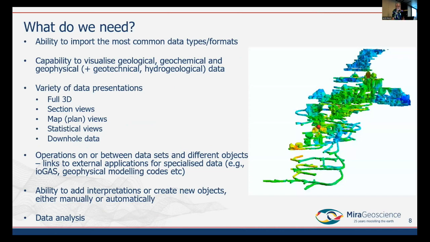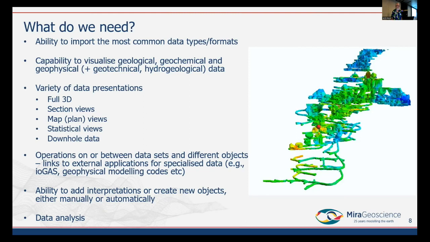We need to be able to visualize all the multidisciplinary data that we've collected. We want to see a whole bunch of different presentations, so full 3D, section views or slices, plan views. We want to be able to look at the statistics of the data. We want to visualize data down hole, so it might be core imagery or geophysical logs or whatever.